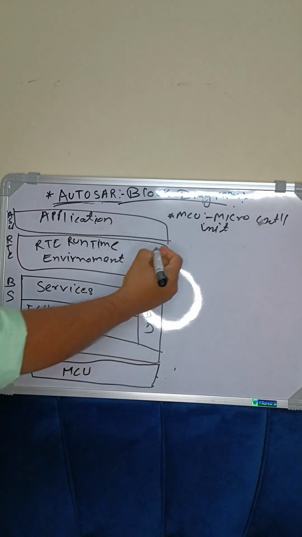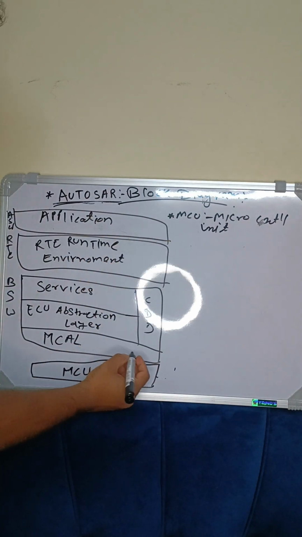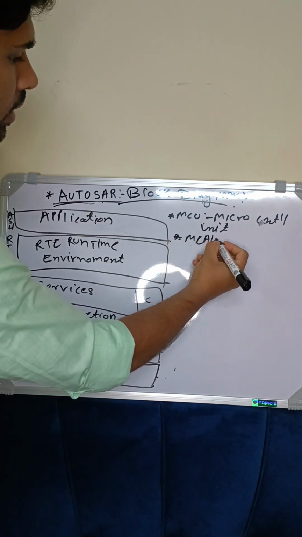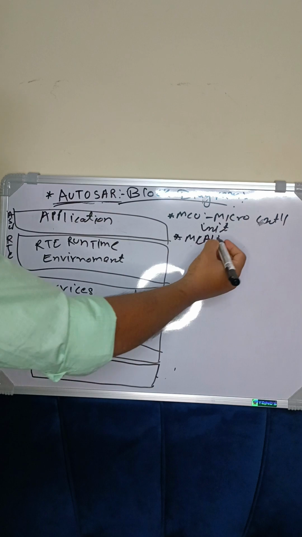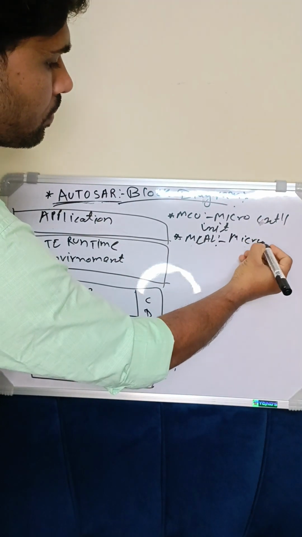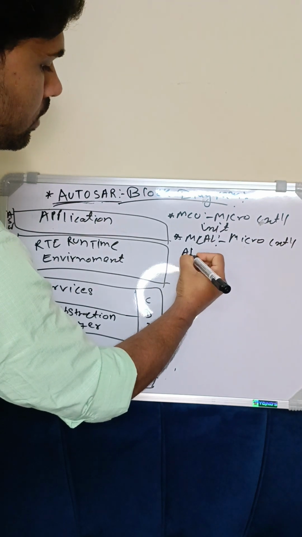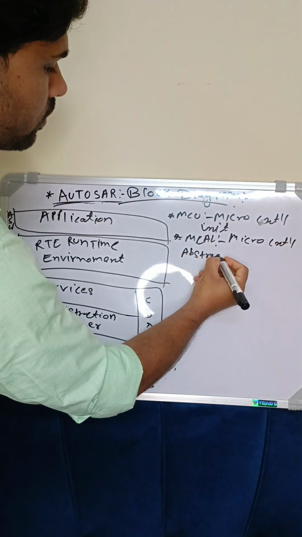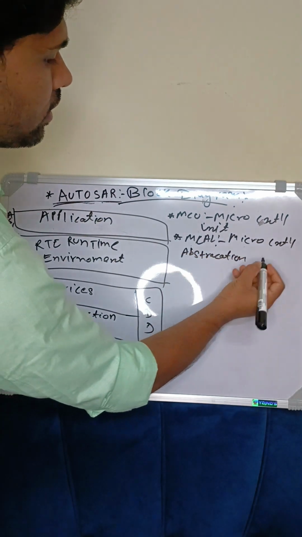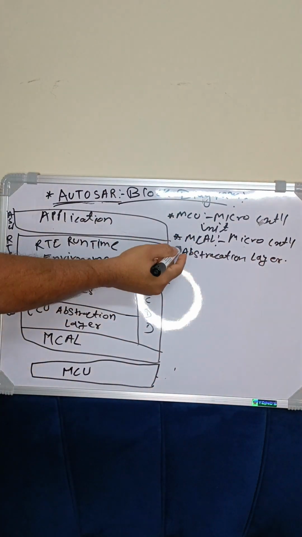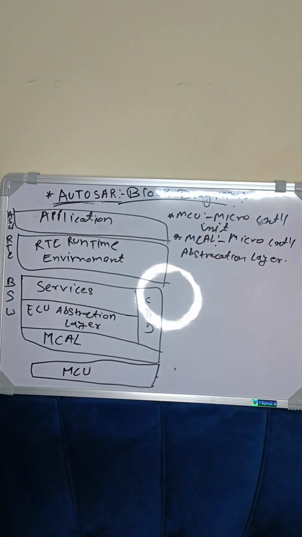Next one is the MCAL layer. It stands for the microcontroller abstraction layer.